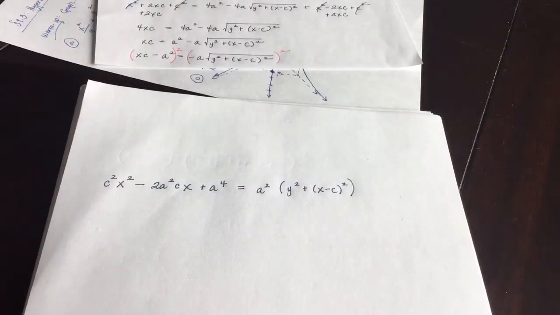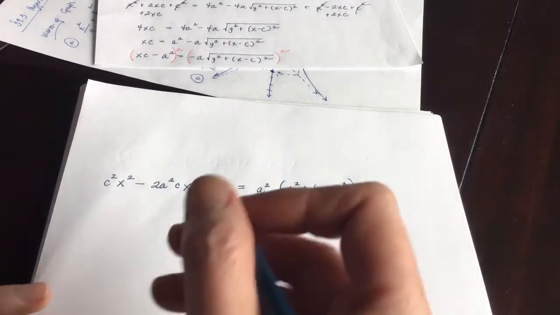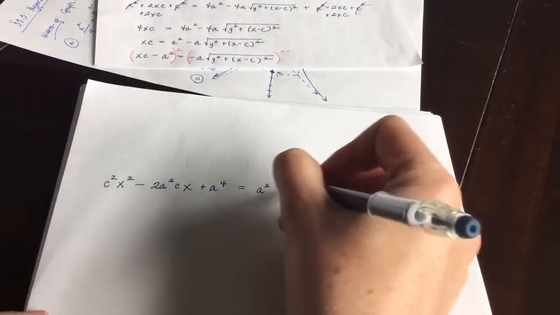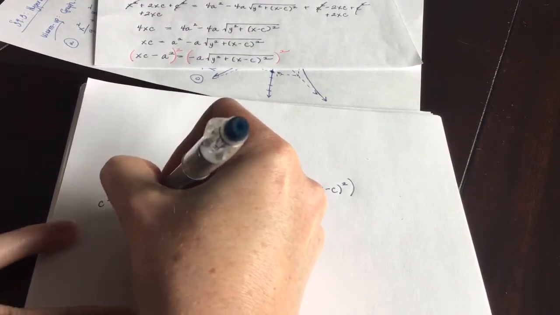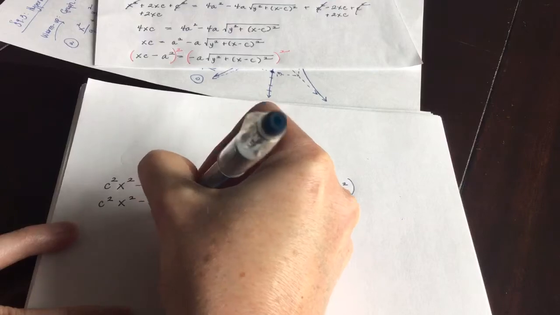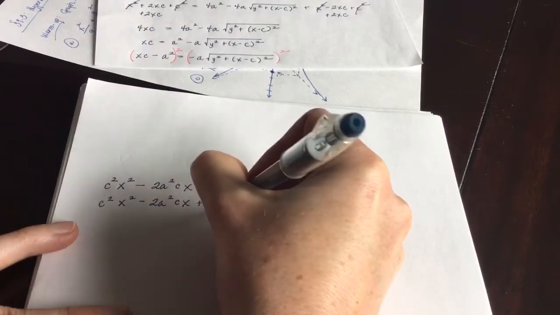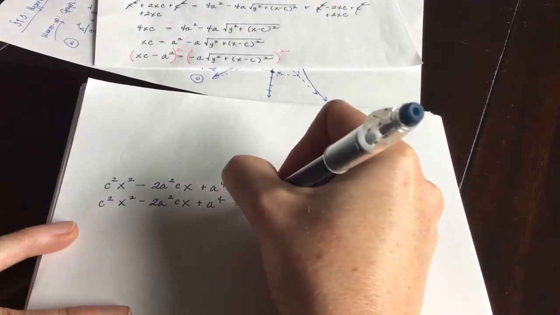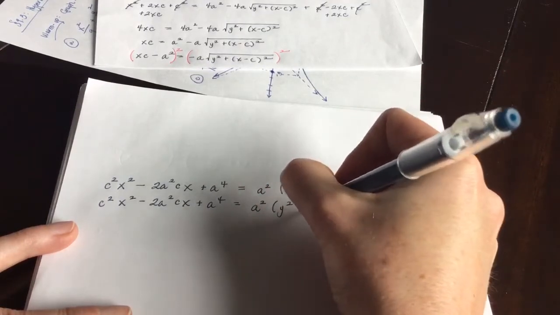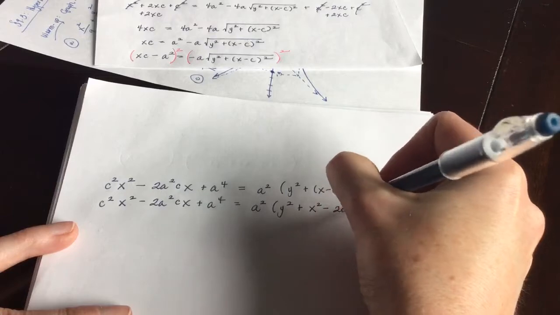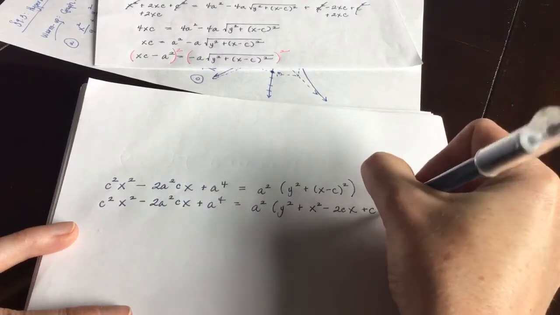Now, let's see, what could we do now? All right, let's expand the right side out. x minus c squared is x squared minus 2cx plus c squared.